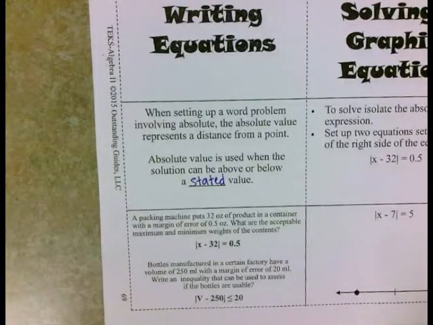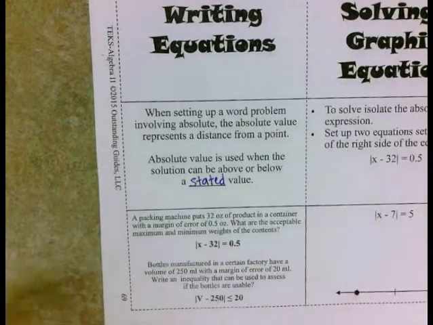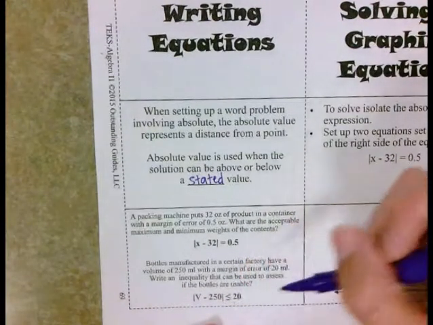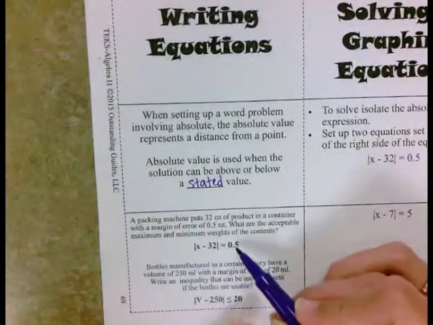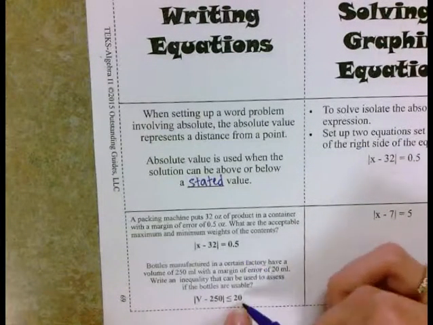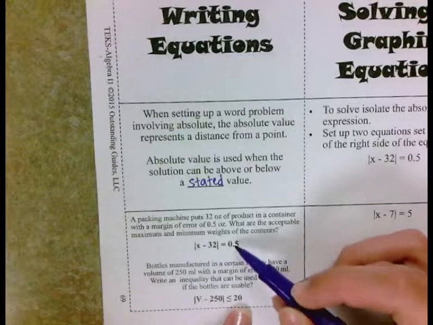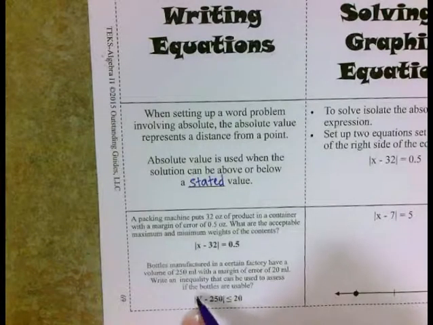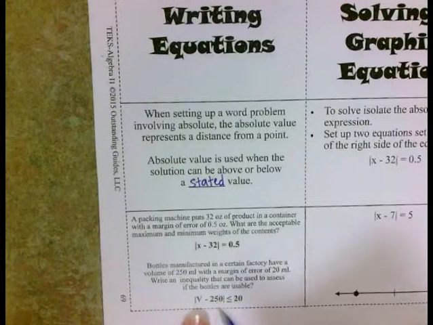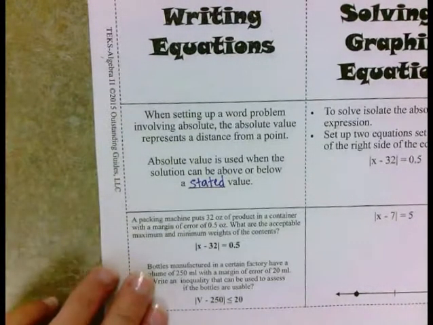Now, we haven't talked about inequality and absolute value, but it's going to be very similar to equations, but it's going to be less than or equal to, or greater than or equal to, using that inequality sign. So if you look, in both of these, the margin of error is on the right side, because it has to be equal to the margin of error. But then whatever the volume is minus 250, inside the absolute value signs.